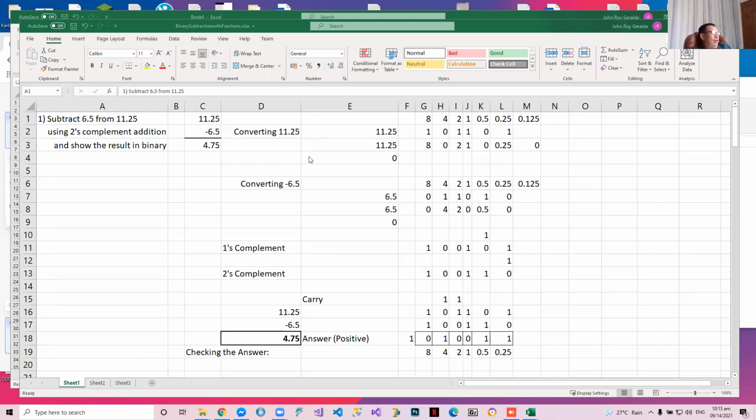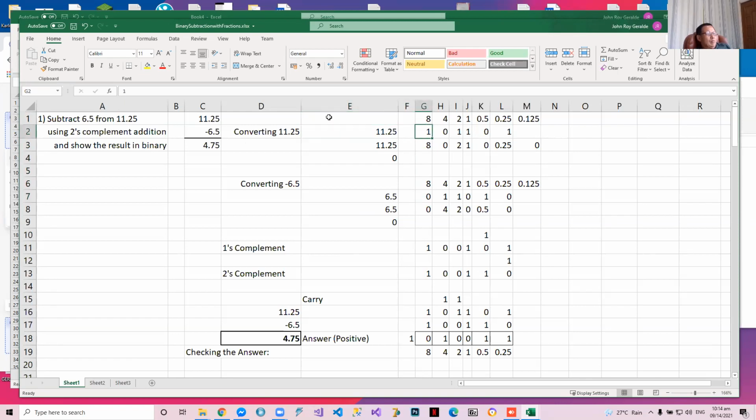Subtract 6.5 from 11.25. So what we're going to do is convert 6.5 into negative two's complement form. Now, look at the bigger number and the smallest fraction. The bigger number is 11, so it will have 8. Although 6.5 is smaller than 8, we'll have to include 8 because the bigger number is 11.